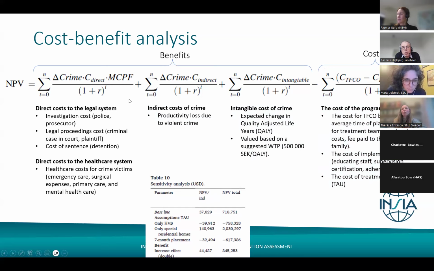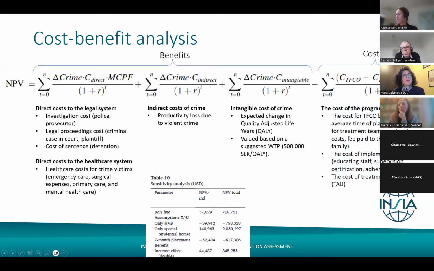I'm not going to show you in full, but the base case without any sensitivity analysis is that treatment foster care has a net present value of almost 40,000 USD. So this value is positive, therefore it is cost effective, is kind of the decision rule.